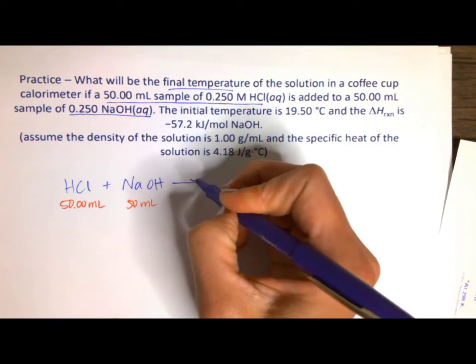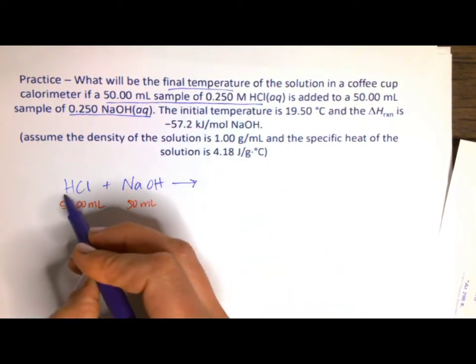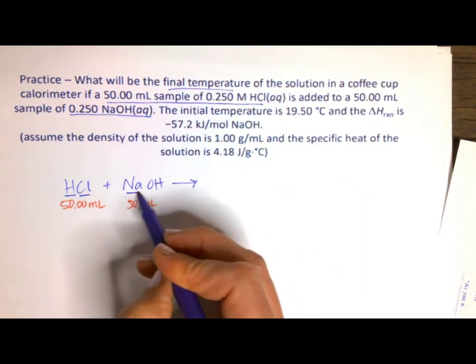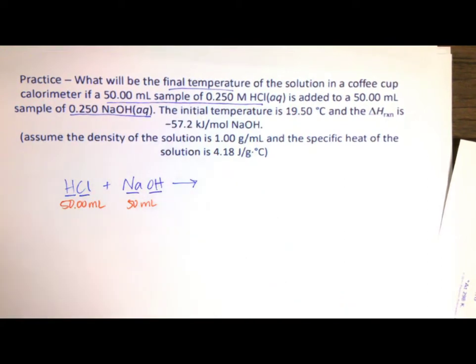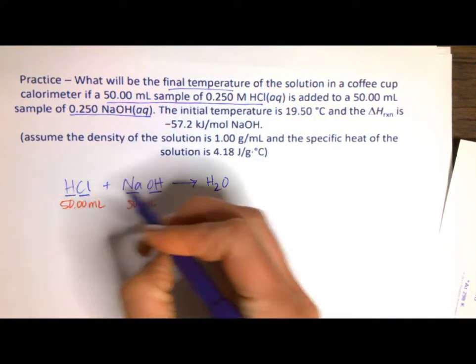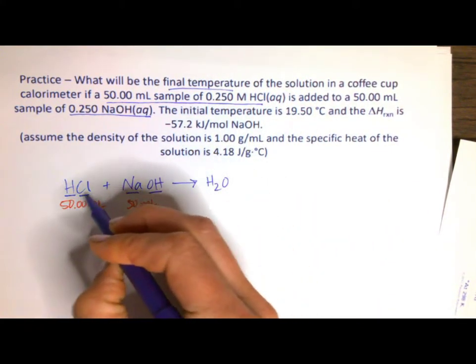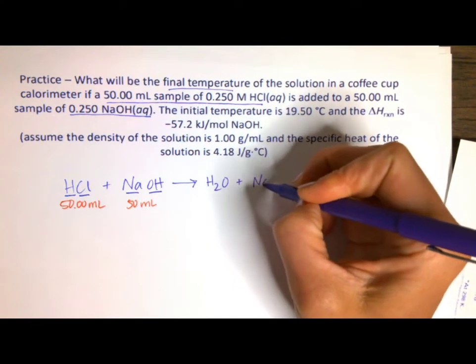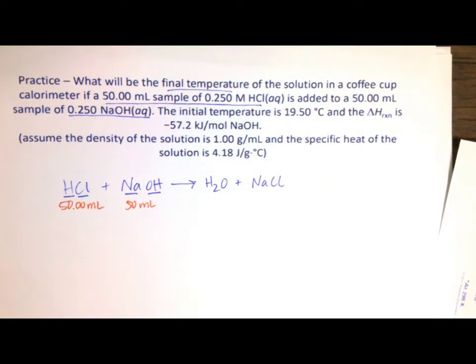and we know that this is a compound, so it's going to be a double displacement reaction. So my products will be H2O, HOH is H2O, and NaCl. Oh, hold on, I have low battery. There we go.